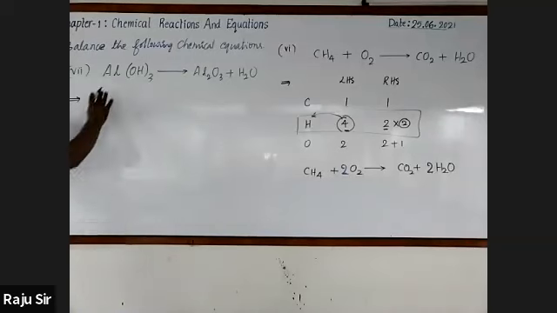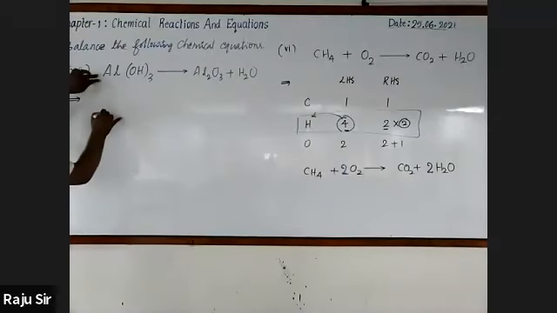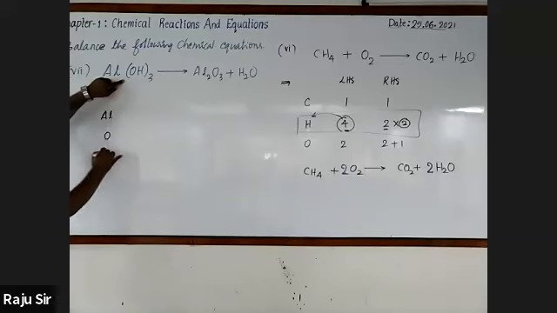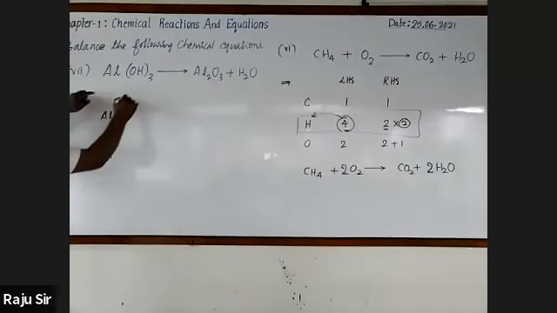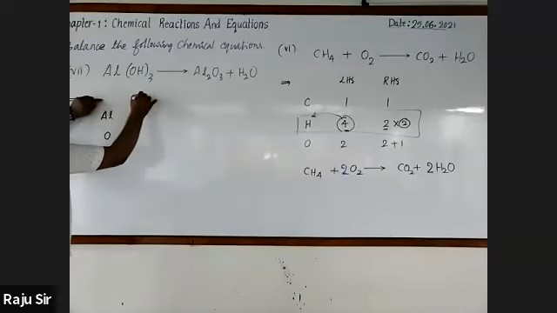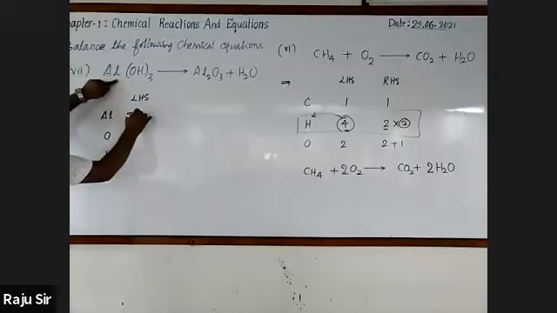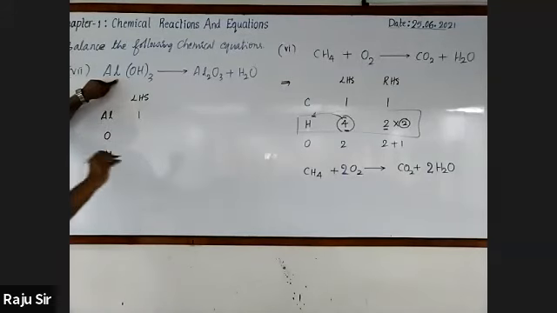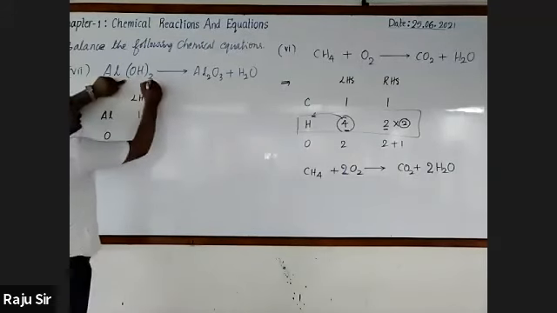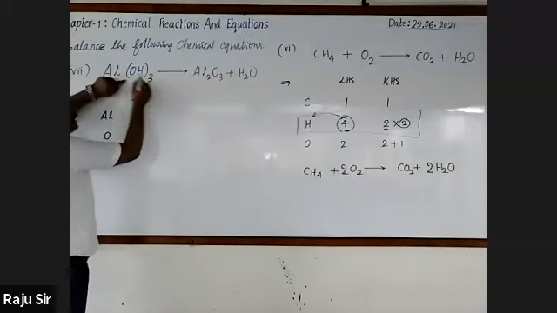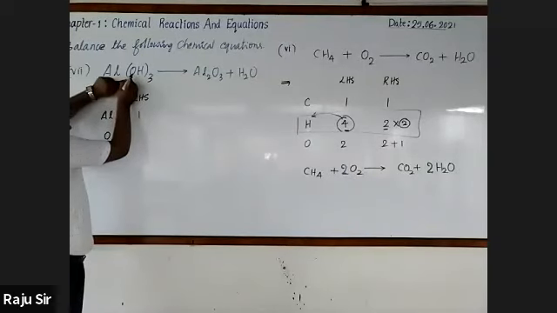Okay, good. Here let's go for balancing aluminum hydroxide. The elements involved are aluminum, oxygen and hydrogen. On the reactant side, aluminum has only one atom, and it is very important to notice that whatever 3 is written here is applicable to both oxygen and hydrogen.